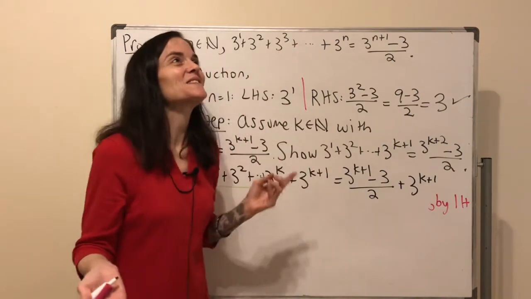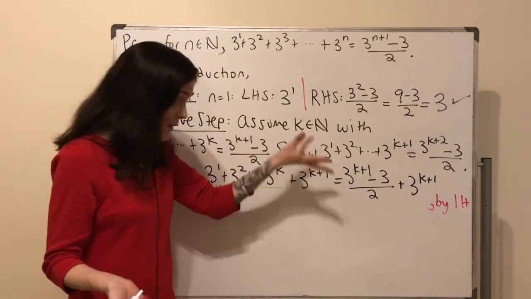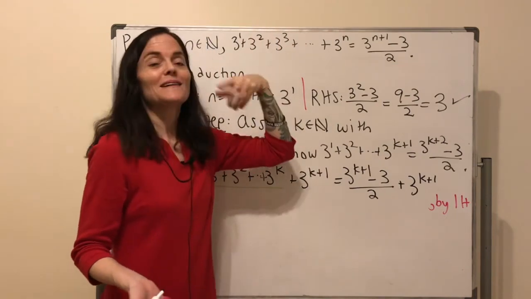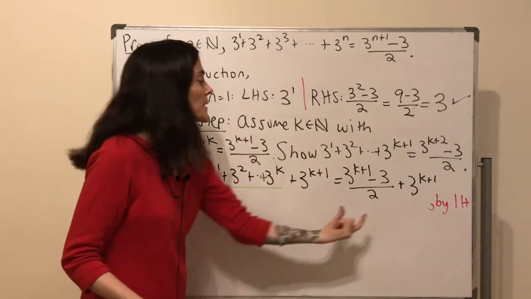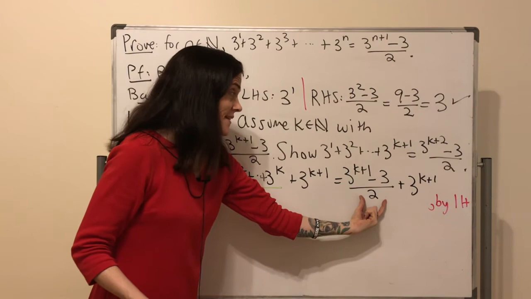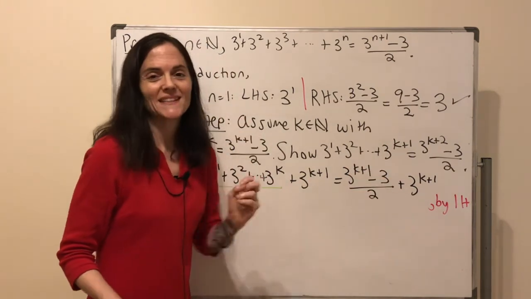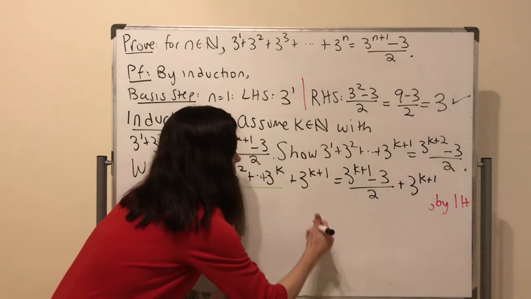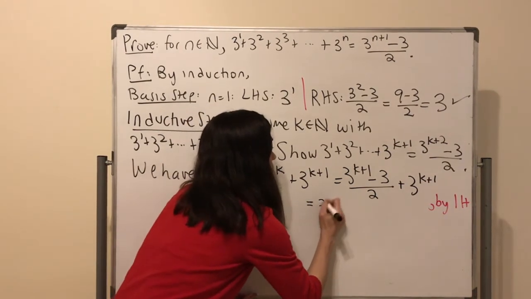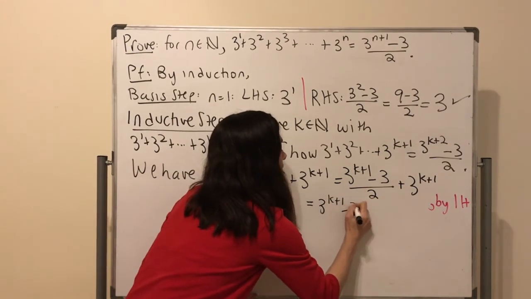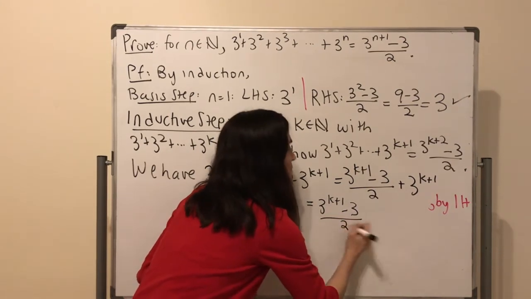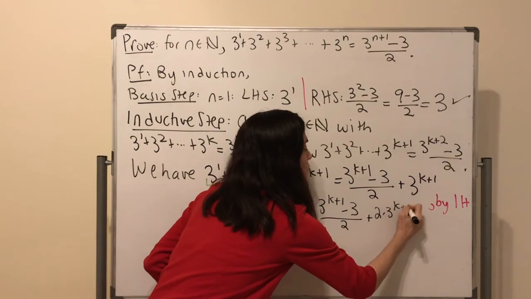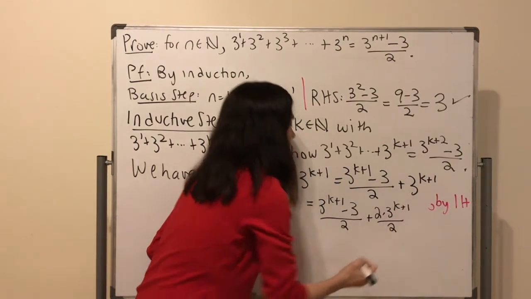This is another reason why it's very nice to write what you want to show, because I know I need 3 to the k plus 2 minus 3 over 2. And I have an over 2 here, so I will get a common denominator and then add. This is 3 to the k plus 1 minus 3 over 2, and then plus 2 times 3 to the k plus 1 over 2.